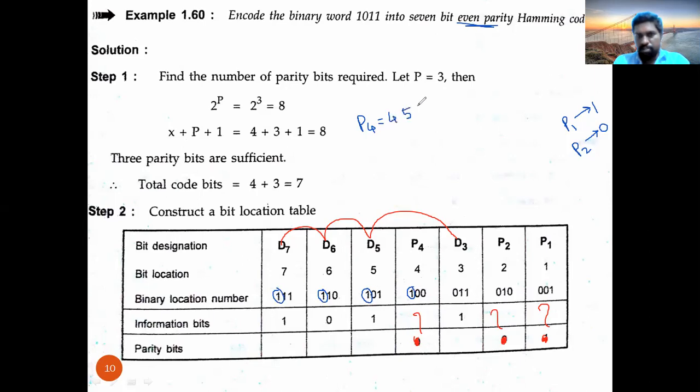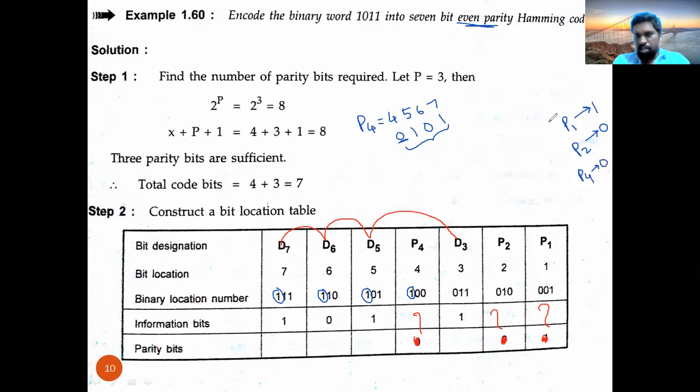What are the respective values? 4 is empty. 1, 0, 1 you will get here. So the same condition. If you replace with 0, then it will satisfy the even parity condition. Obviously, P4 will also be 0.